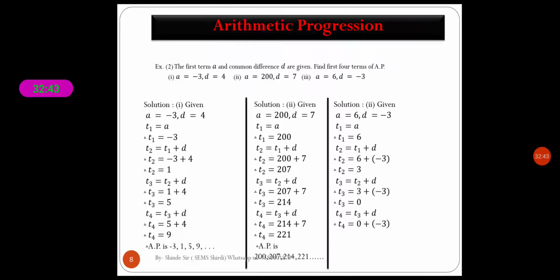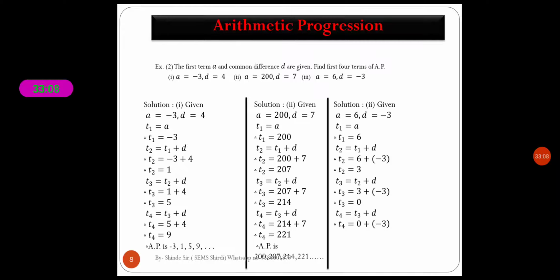Again I repeat some definitions. What is meant by a sequence? A sequence means a group of numbers, or a set of numbers, arranged in a particular order. What is meant by an AP?